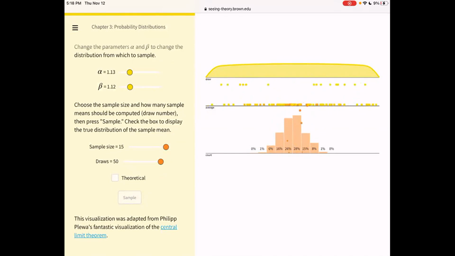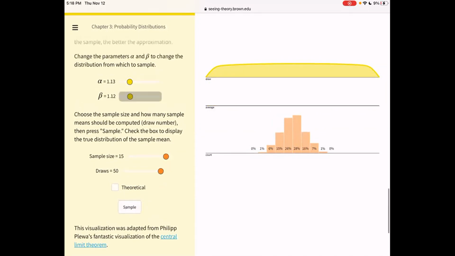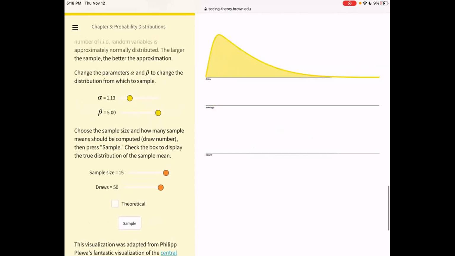But that's the idea. Regardless of what shape you pick in the beginning, you're going to get some sort of bell curve. Like if you do this crazy shape and you keep sampling, at first it doesn't look like a bell curve.